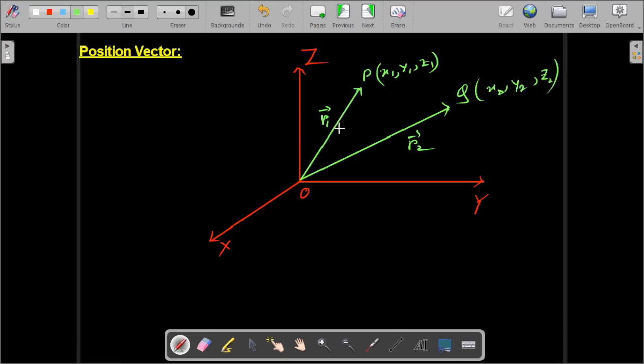These are the position vectors. What will be the position vector of point P?